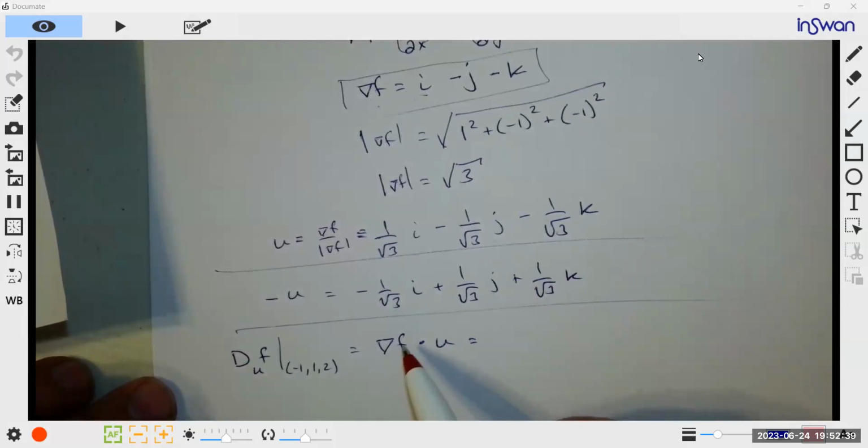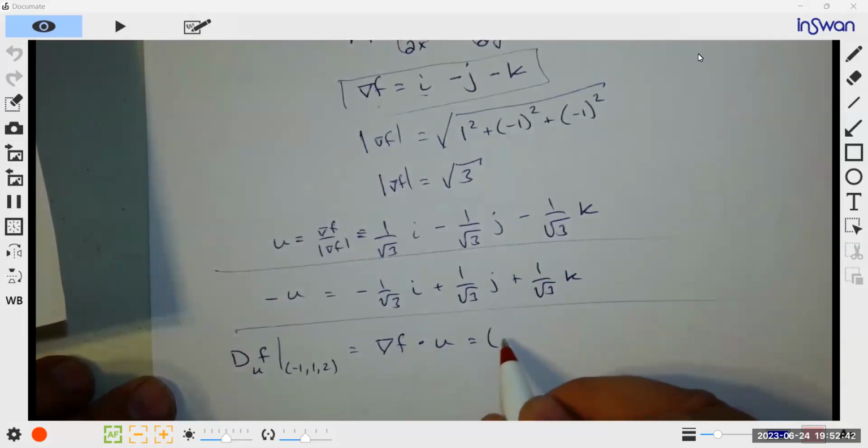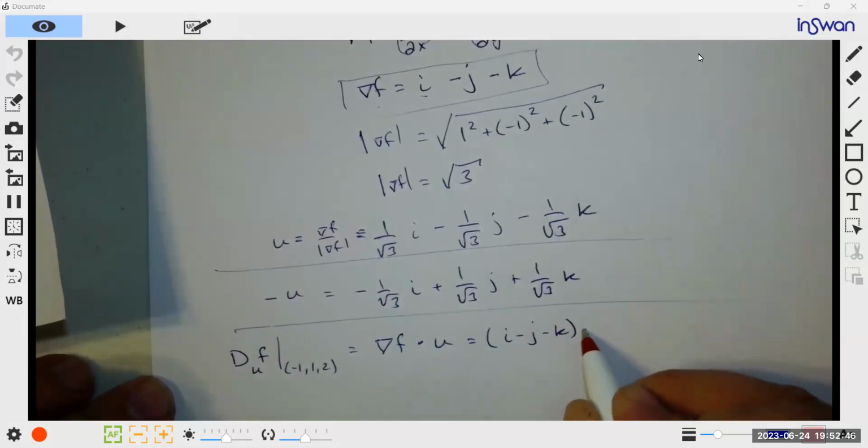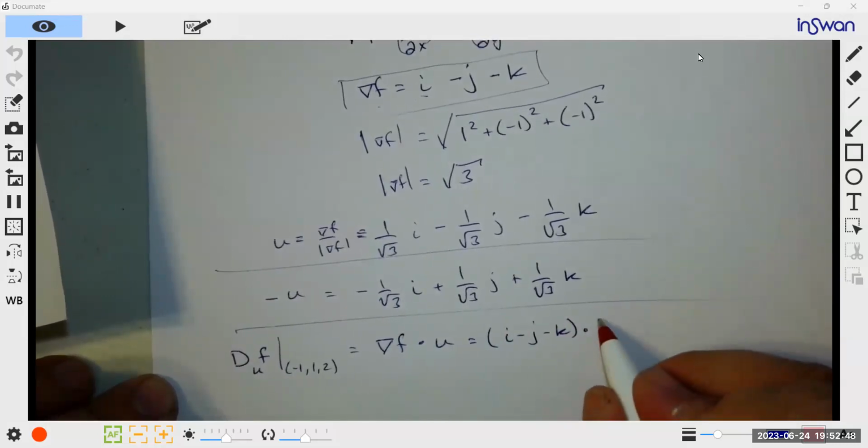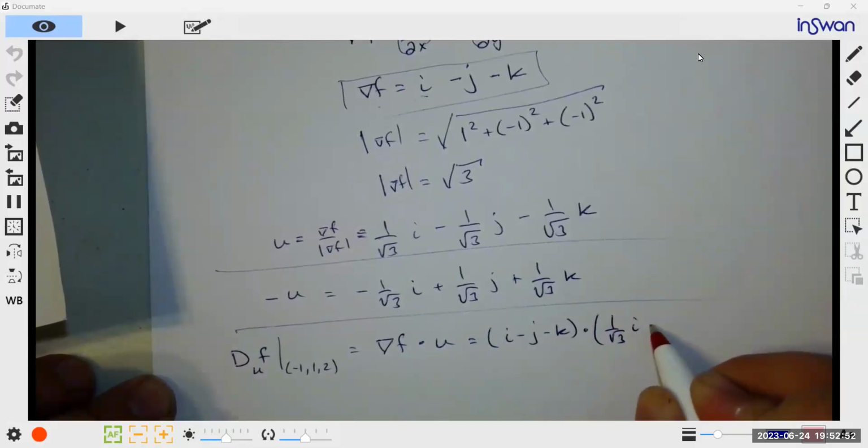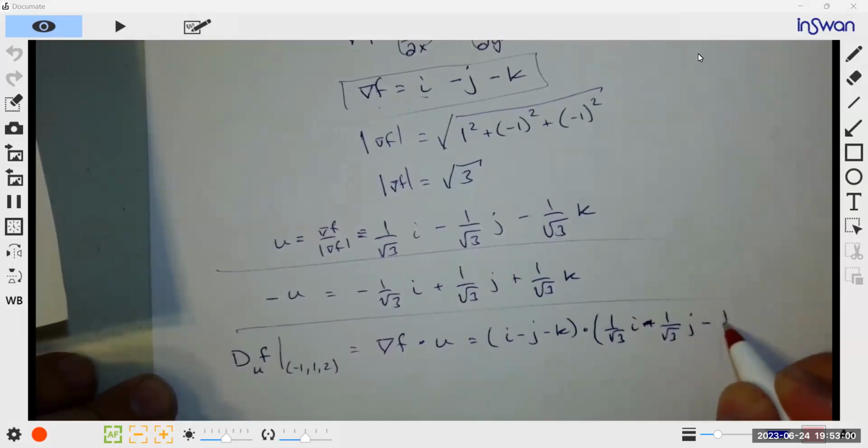So our del f was i - j - k dot u, which is 1 over radical 3 i minus 1 over radical 3 j minus 1 over radical 3 k.